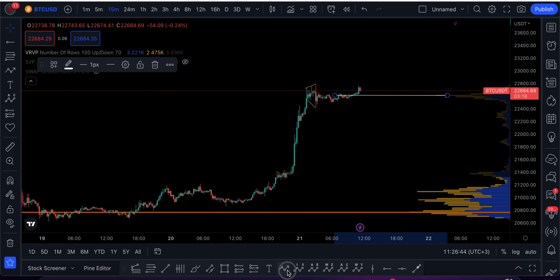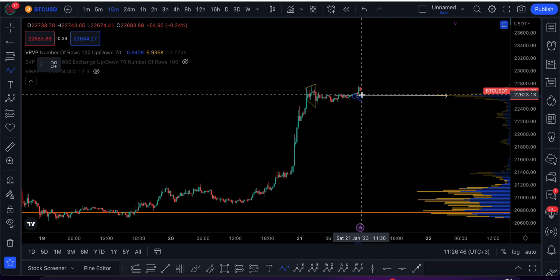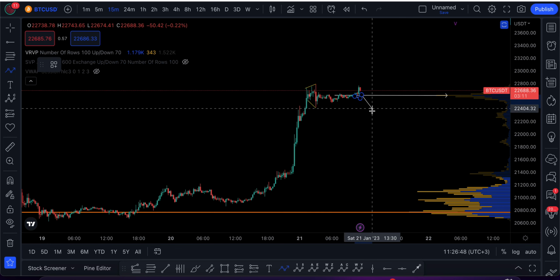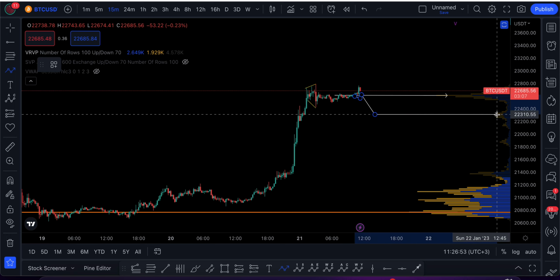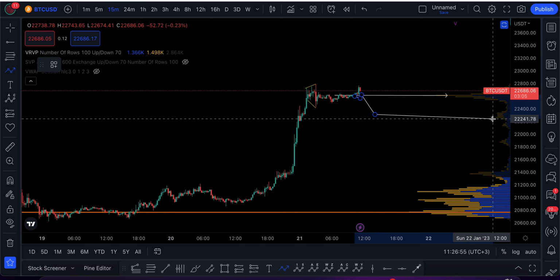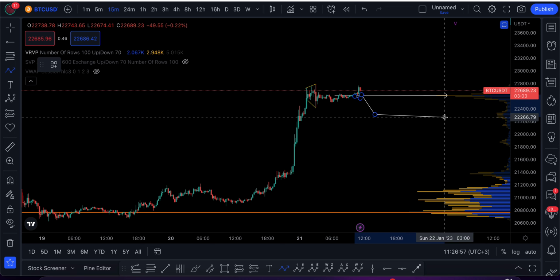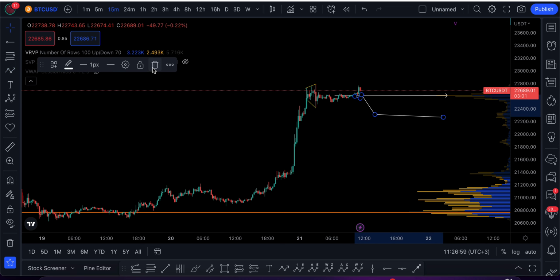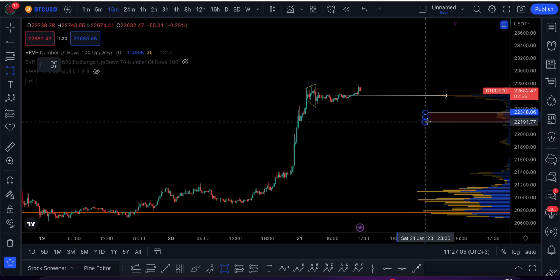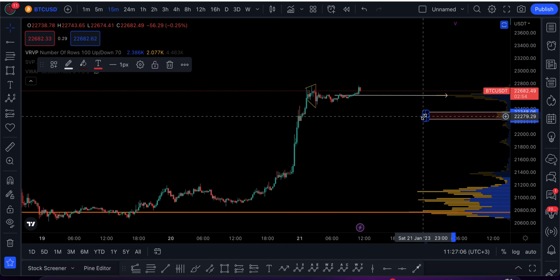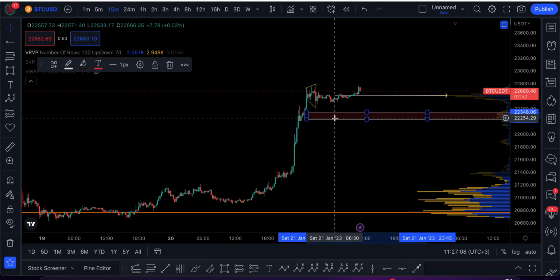We wouldn't want to see this be turned into resistance, because we might go down to around this node, which is 22,300 to 22,241. So this could be your buy zone as well if we were to retrace to these areas. This node that we have here could be our buy zone.